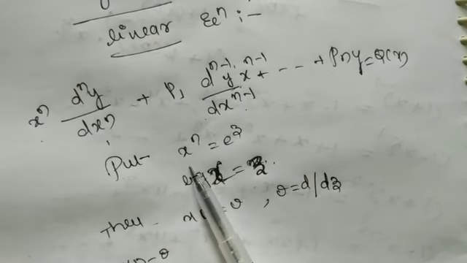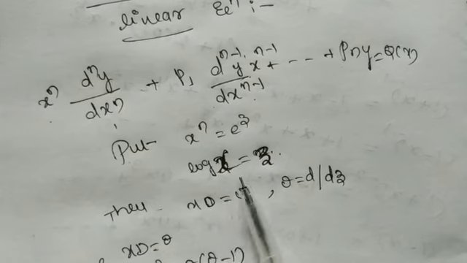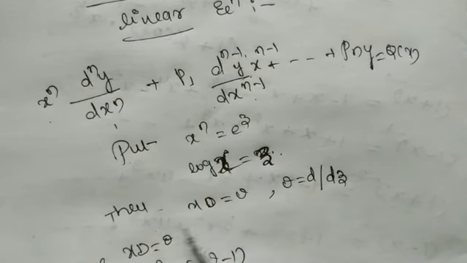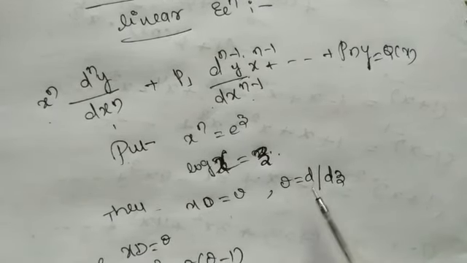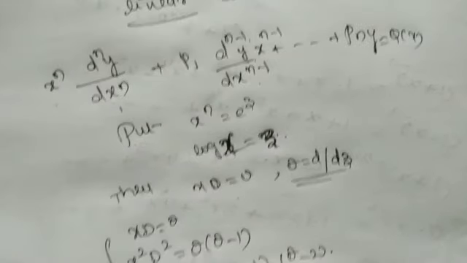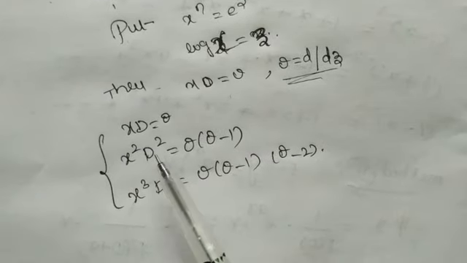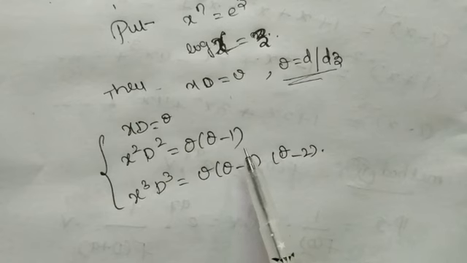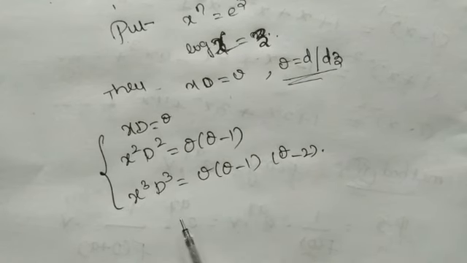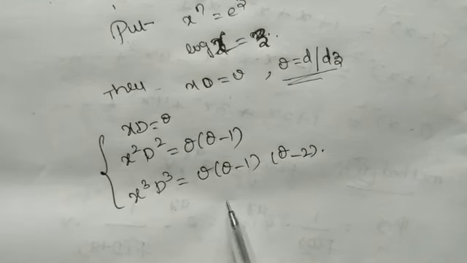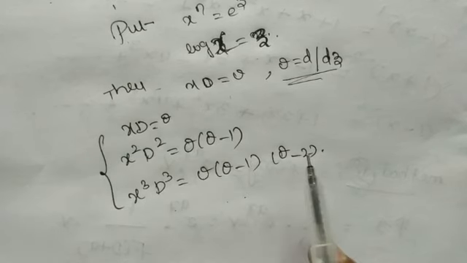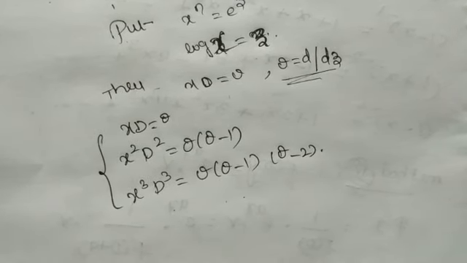Substitute x = e^z, then log x = z. Here xD = θ, where θ = d/dz. So x^2 D^2 = θ(θ - 1) and x^3 D^3 = θ(θ - 1)(θ - 2).